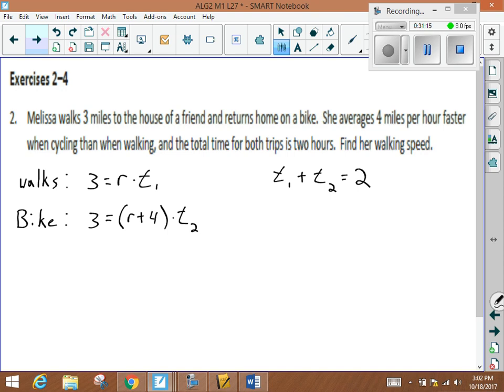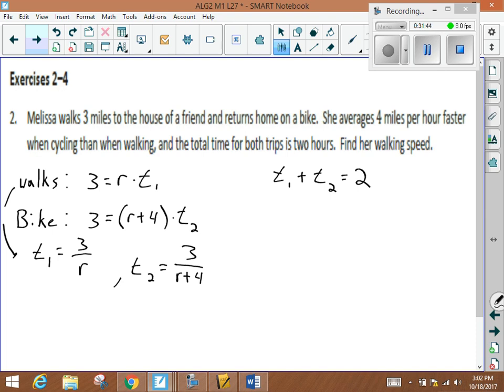So for walking, when we solve this, we have that T1. Right, we're going to divide both sides by R, so T1 is going to be 3 over R. For our biking, we're going to divide both sides by R plus 4. We'll get that T2 is equal to 3 divided by R plus 4.